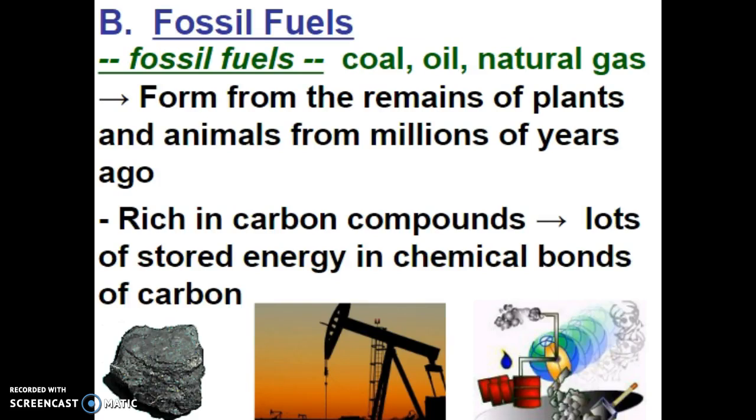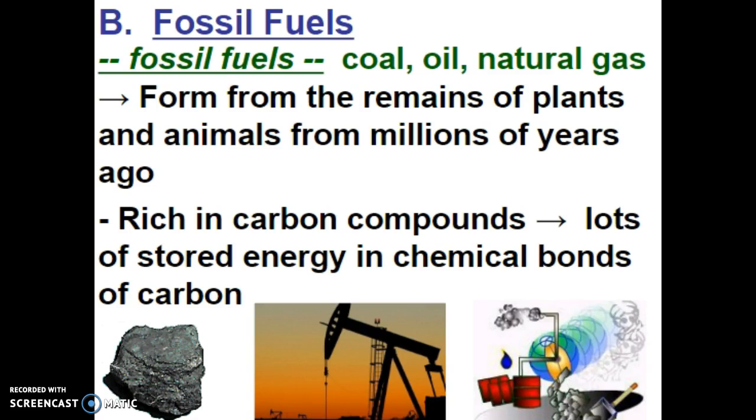So our main fossil fuel sources are coal, oil, and natural gas. We have these fossil fuels because the plants and animals from millions of years ago became buried and deposited, and the organic materials in the decaying organisms transformed into solid carbon.